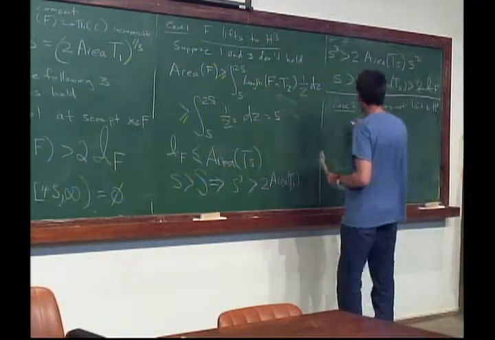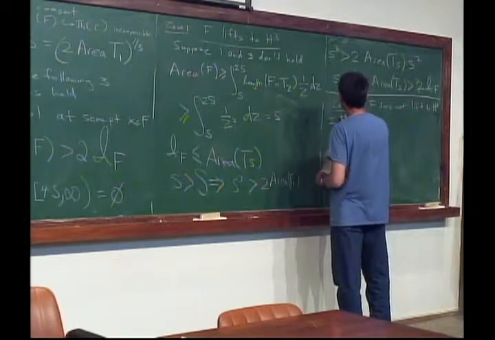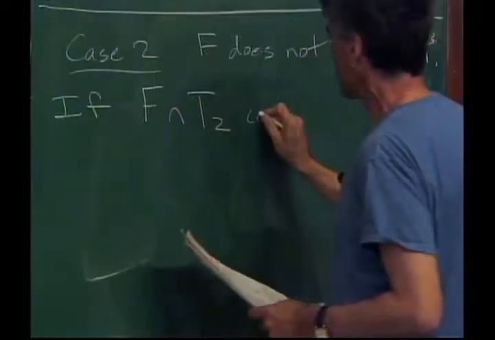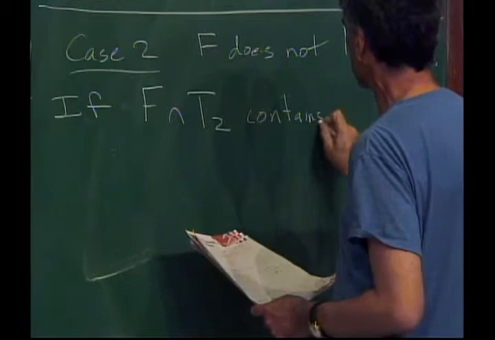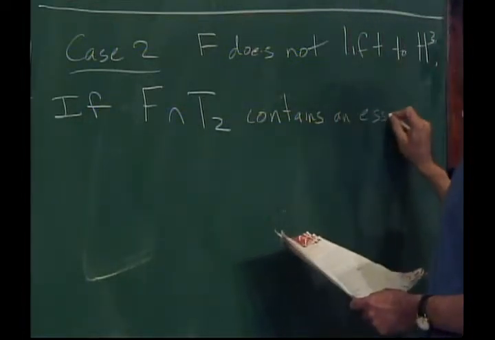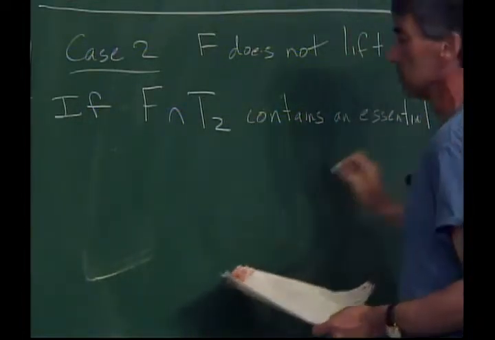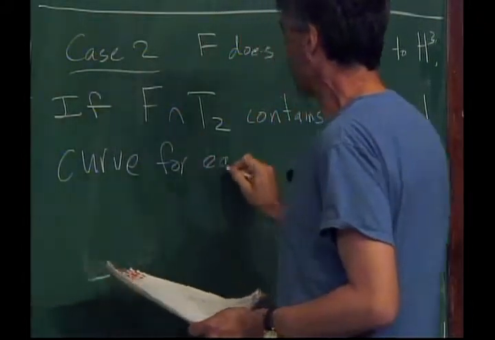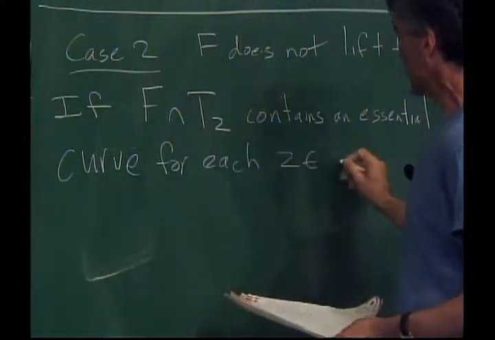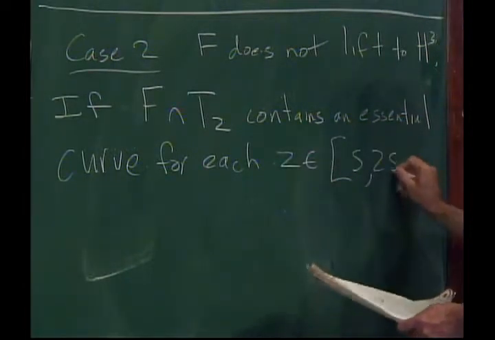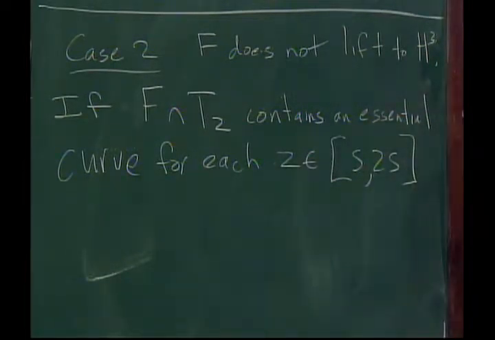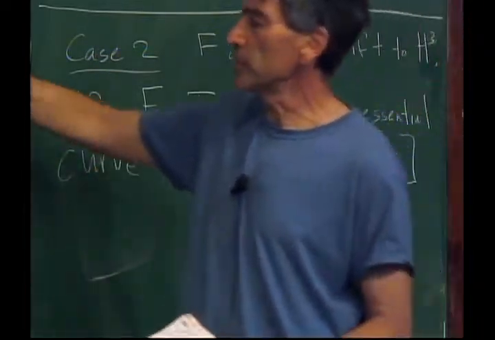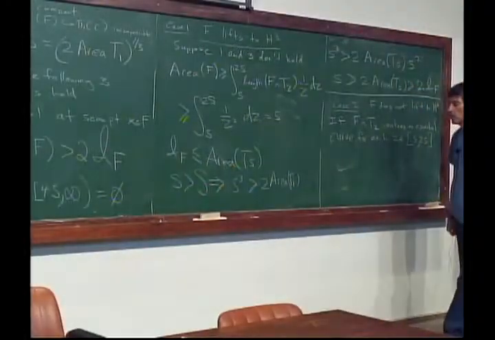Well, what you can show in this case, if F intersect TZ contains an essential curve for each Z in S2S, then, well, essential curves are longer than 1 over Z, so this same argument will apply.